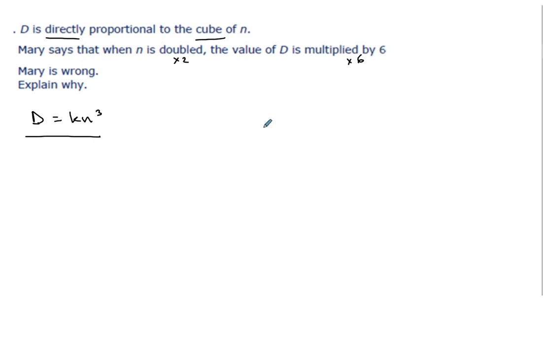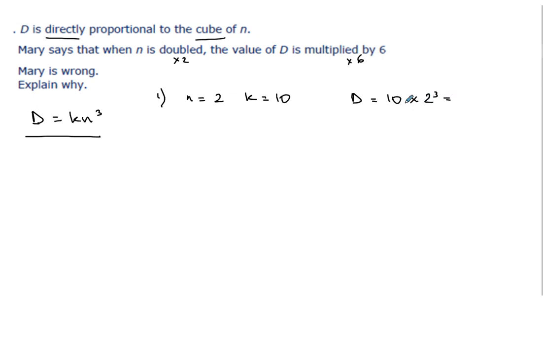There are two ways of doing it. You can either make up some values. So let's first do n equals 2 and k equals 10. So d would be k, which is 10, times n cubed, which is 2 cubed.